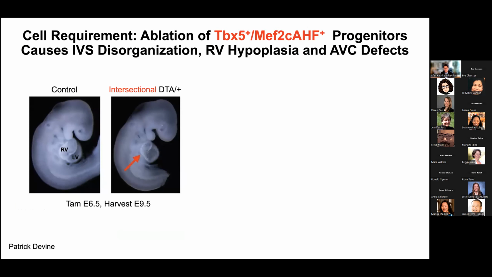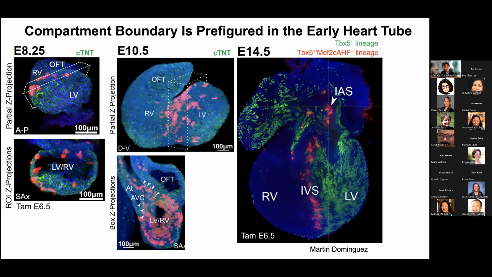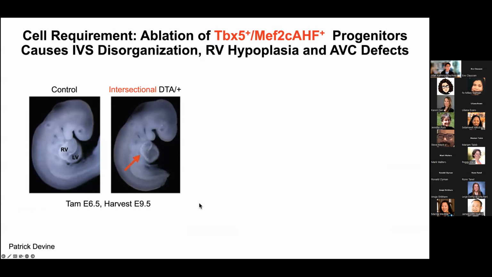Next, we looked in detail at how these cells progress during heart development. And we wondered, are these cells important for anything? Are they essential? So here what we did is we misexpressed diphtheria toxin.